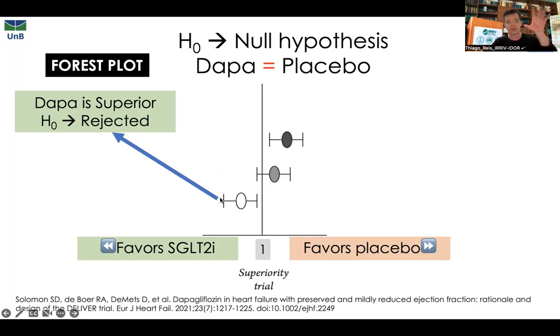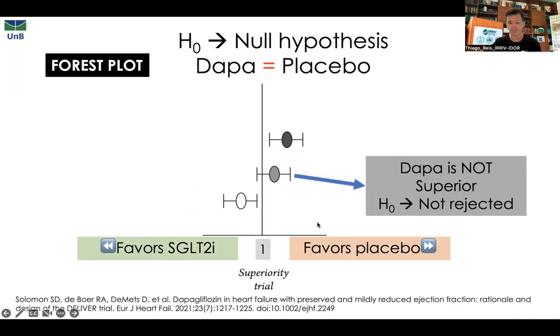So here is represented that the null hypothesis, the status quo, was rejected if our result is in the white circle. If our result crosses the line of 1, then we can say that Dapa is not superior to placebo.